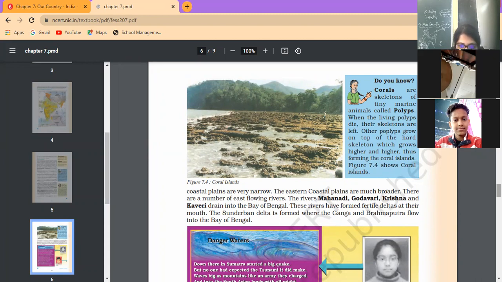These rivers form fertile deltas at their mouths, like the Sundarban delta, where the Ganga Brahmaputra flow into the Bay of Bengal.